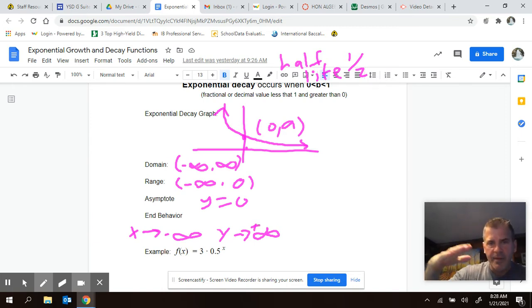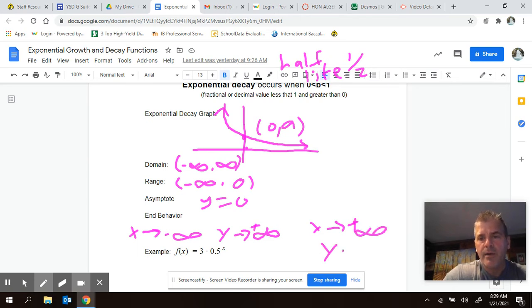So as we look left, it's way up there. And then if we look right, as x goes to positive infinity, y is not going to take off. It's going to narrow in. It's going to get closer and closer and closer to 0.